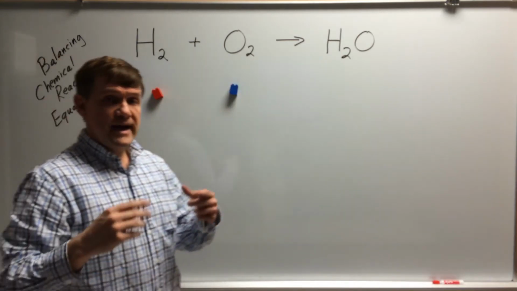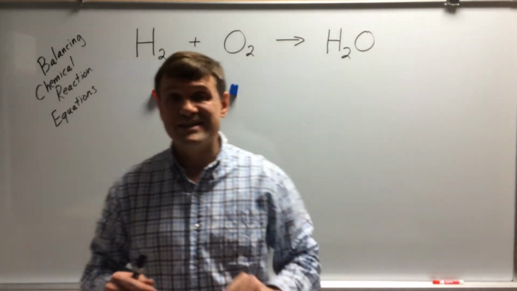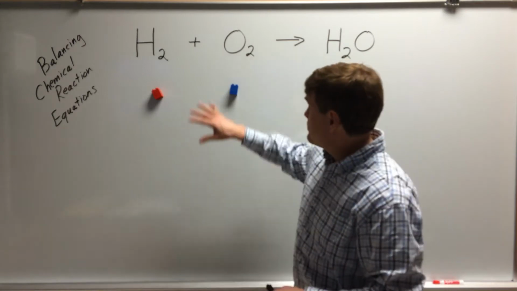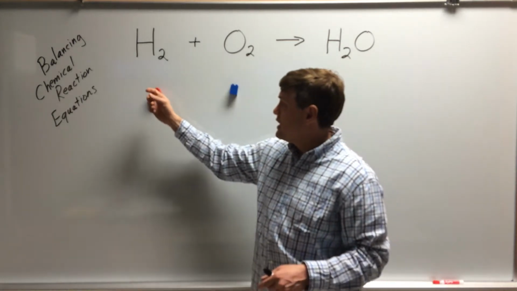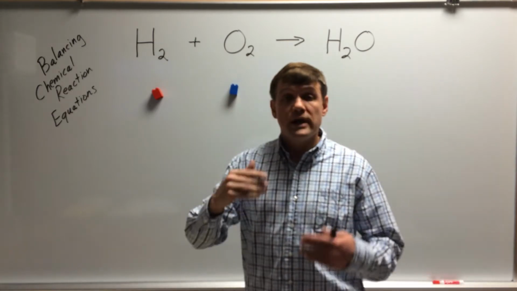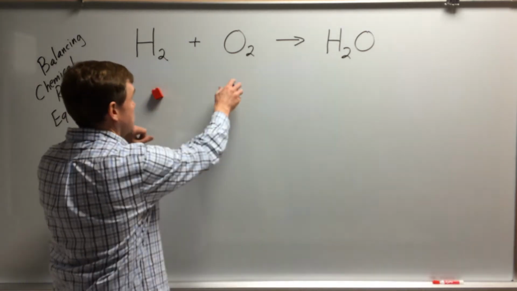I want you to imagine that a chemical reaction equation indicates two points in time. One of the points in time is the before, and I've represented the before here with our hydrogen molecule and our oxygen molecule. So we're going to imagine that time goes by, the chemical reaction occurs, and let me show you what should be happening.